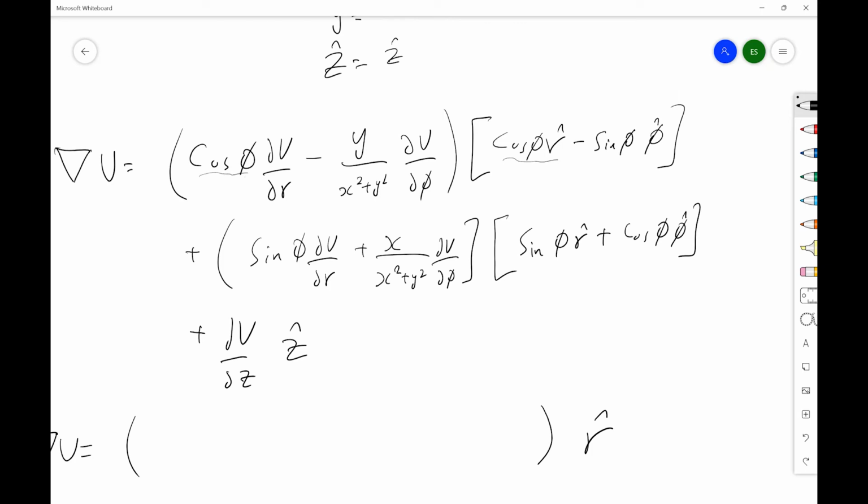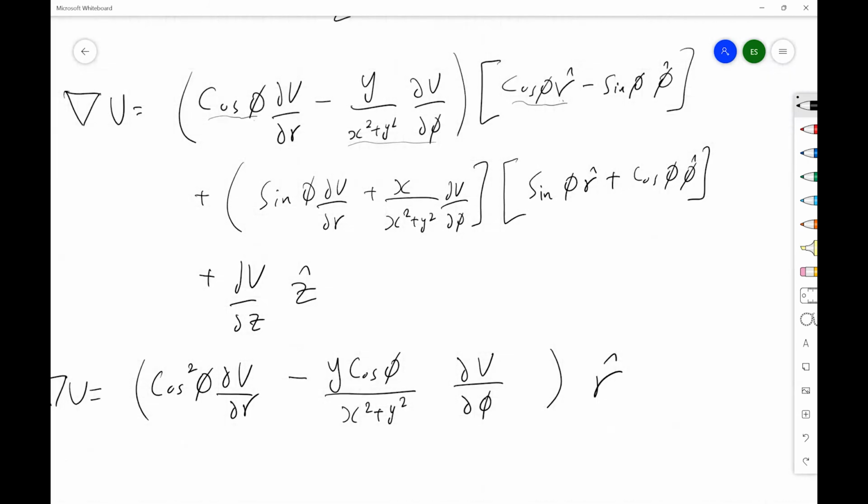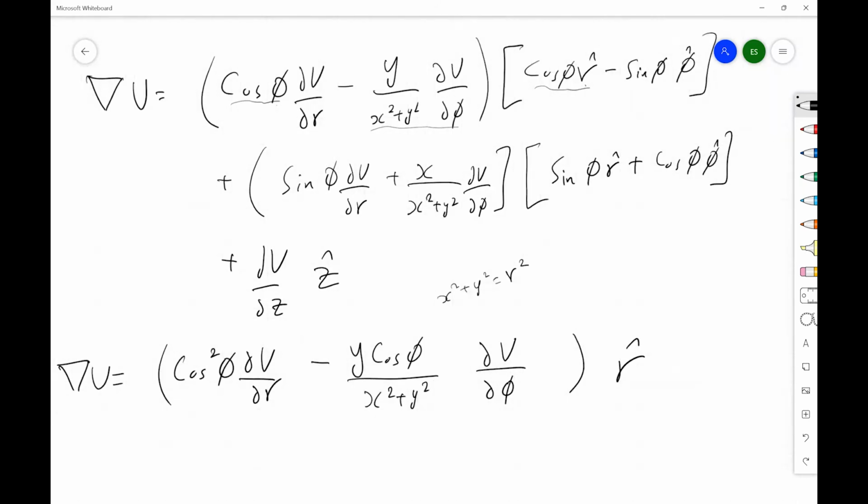So I have cosine squared phi plus sine squared phi delta u over delta r, right? And then I have this cosine phi multiplying this. So this is going to be minus y cosine phi over x squared plus y squared du over d phi. Right? Remember, x squared plus y squared equals r squared.